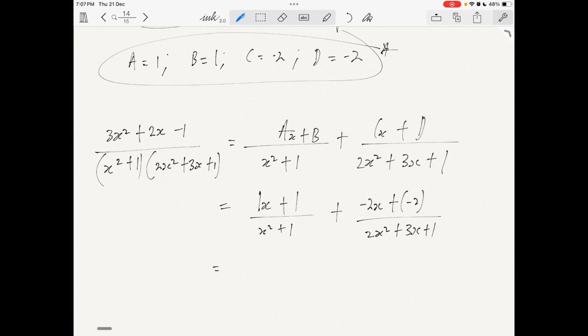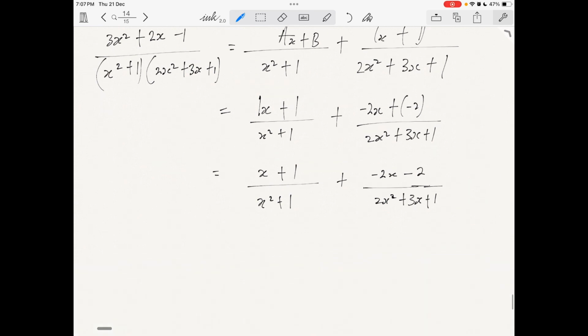So this will give me x plus 1 divided by x squared plus 1 plus minus 2x minus 2 divided by 2x squared plus 3x plus 1.